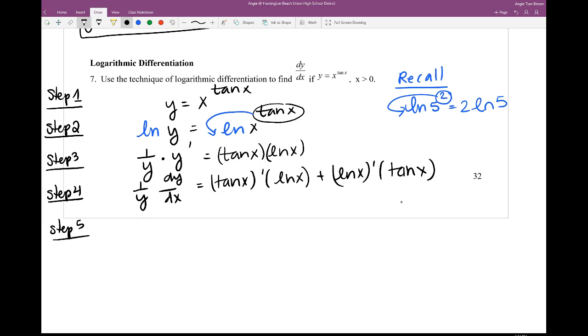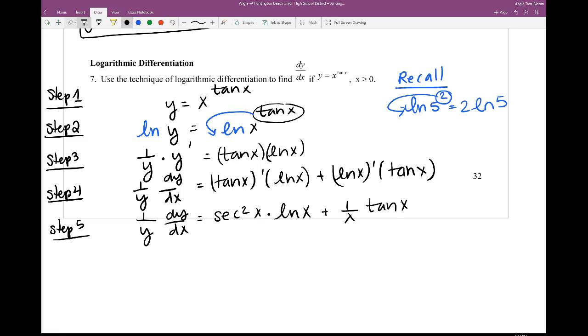So again, this is still 1 over y dy dx equals the derivative of tangent, which is secant squared of x, times ln of x. The derivative of ln of x is always 1 over x, and then I'm going to multiply by tangent of x.